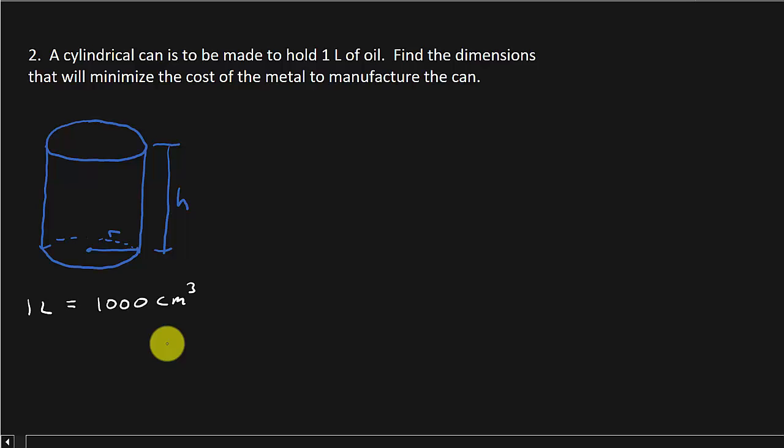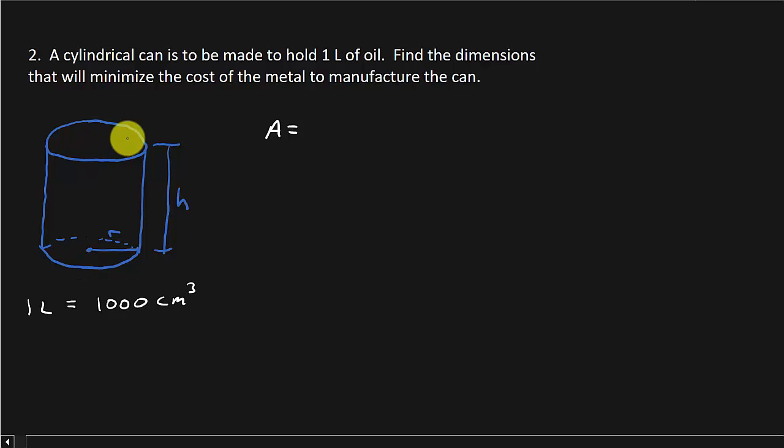Now, what's going to be the function that we want to maximize or minimize? Well, that's the surface area. So what's the surface area? Well, the surface area, call that A, is going to be the area of the top and bottom. What's the area of the top?